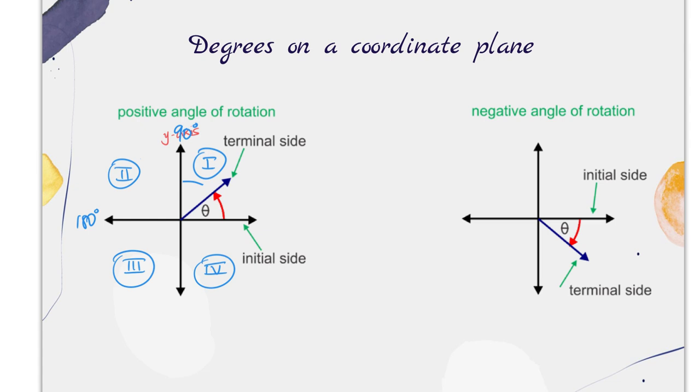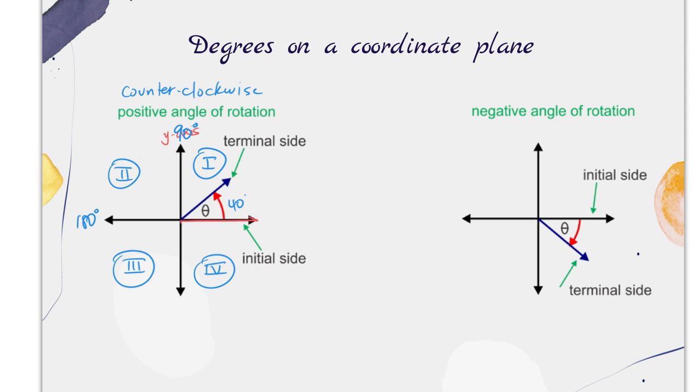Okay? So this is about maybe a 40-degree angle. Again, it's a guess, but it's about 40 degrees. We call it a positive angle because of the rotation. If something rotates counterclockwise from the initial side, it's a positive angle. So again, how does that work?